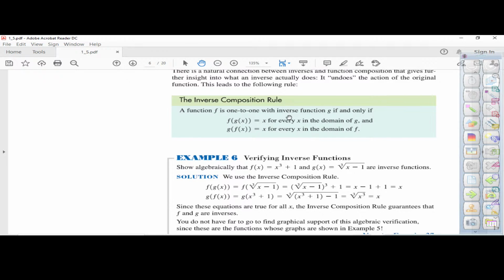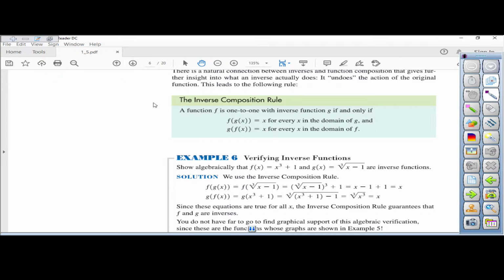Okay. The third method uses the idea of composition. The first was algebraically, the second was graphically, and the third is this one here: you actually use the composition.